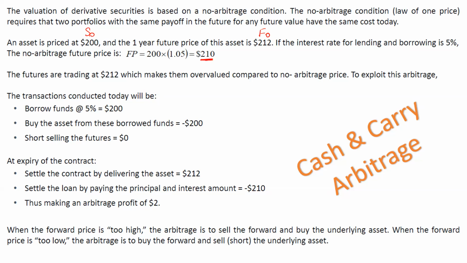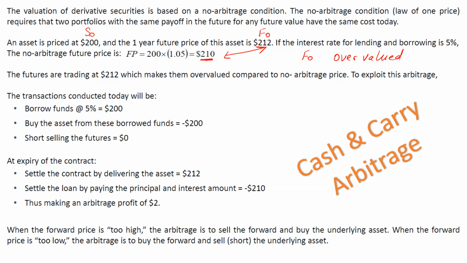It should actually be 210. It should be 210, but it is currently trading in the market for 212. So that means F0, or the current futures value, is overvalued. The value should only be 210, but the current futures price is 212.